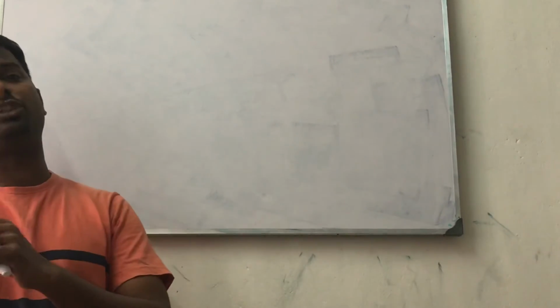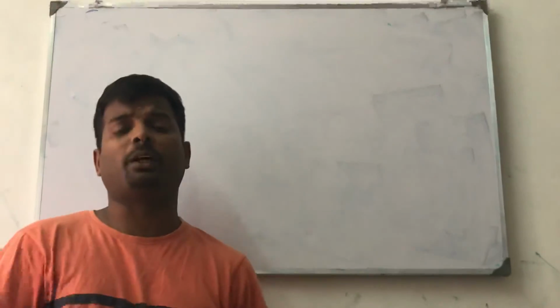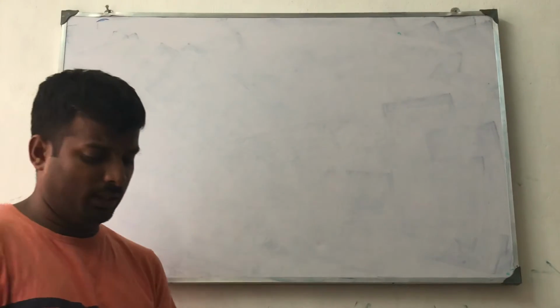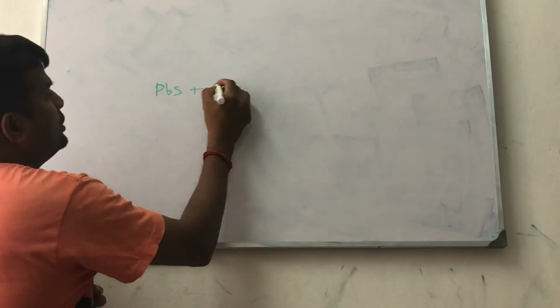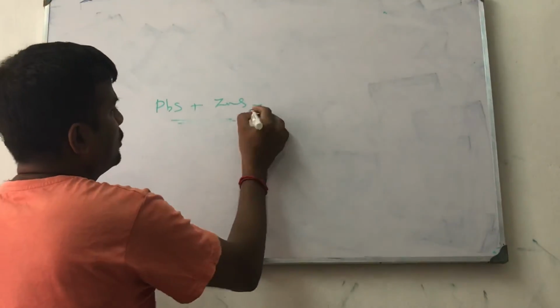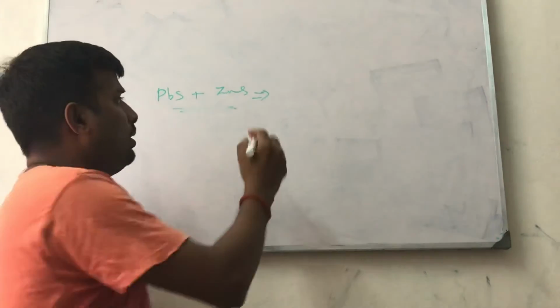We want to separate the sulfide of one metal. For this process, suppose lead sulfide and zinc sulfide are mixed together. We have to separate one of the materials, then only will we get pure elements.